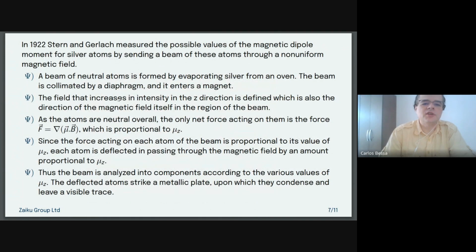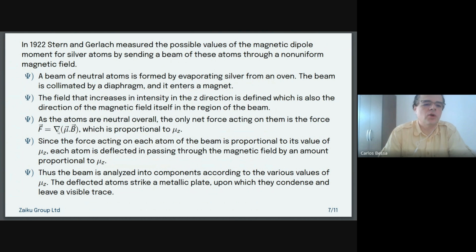And the field that increases in intensity here in the z direction is defined, which is also the direction of the magnetic field itself in the region of the beam. So as the atoms are neutral overall, the only net force acting on them is the force given by this expression, where mu is the magnetic moment and B is the magnetic field.